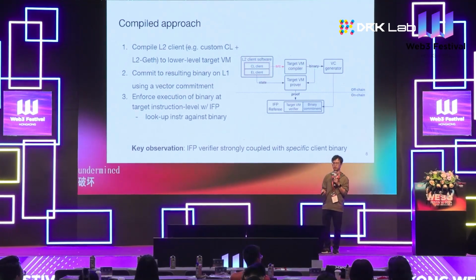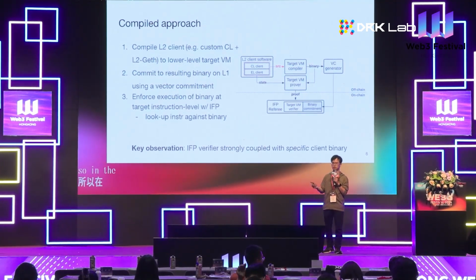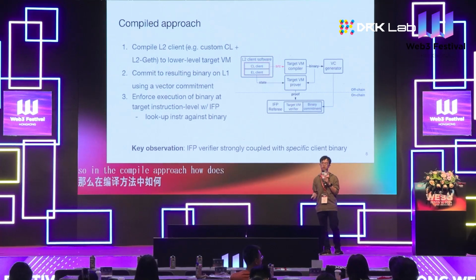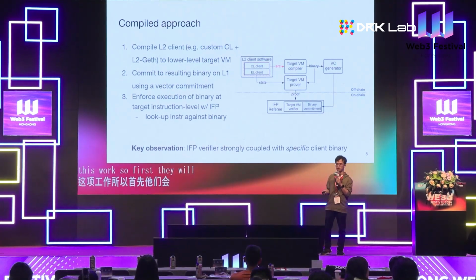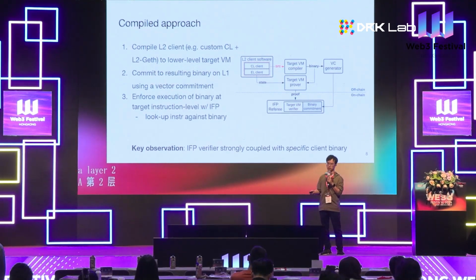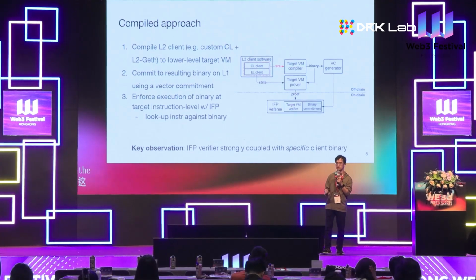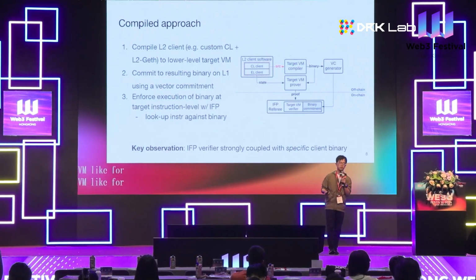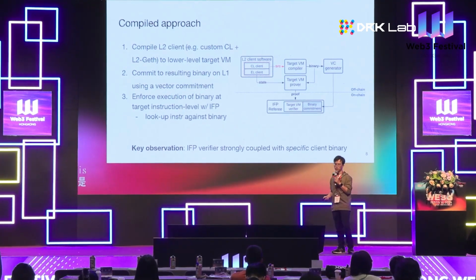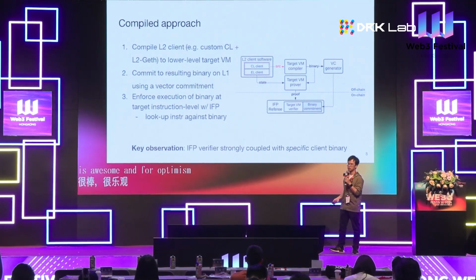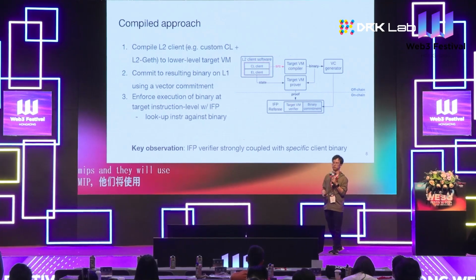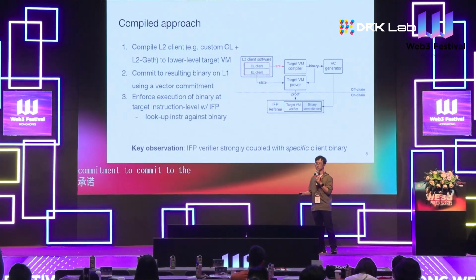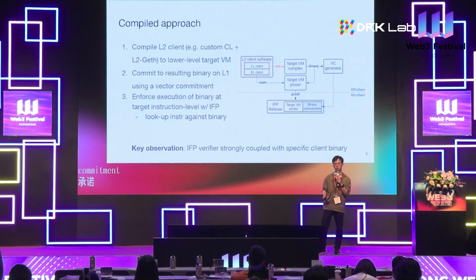So in the compiled approach, how does this work? First, they compile a layer 2 client, for example L2 Geth, to a lower-level target VM. For Arbitrum, it is Wasm, and for Optimism, it is MIPS. They use a vector commitment to commit to the resulting binary and put this commitment on chain in a fraud-proof module.